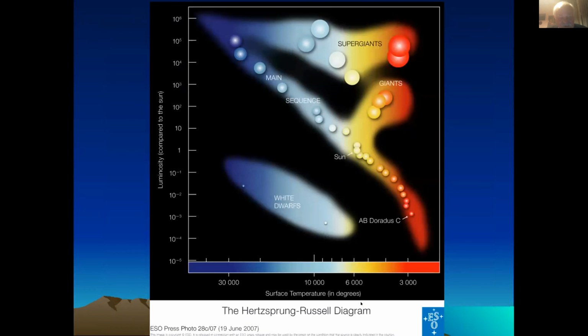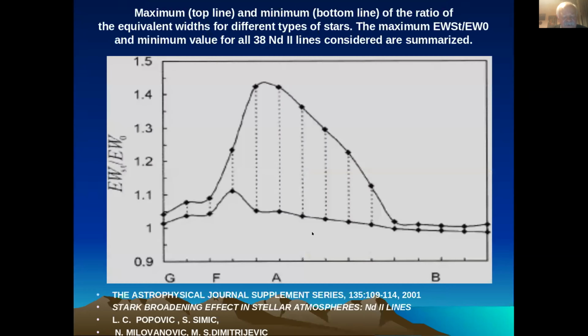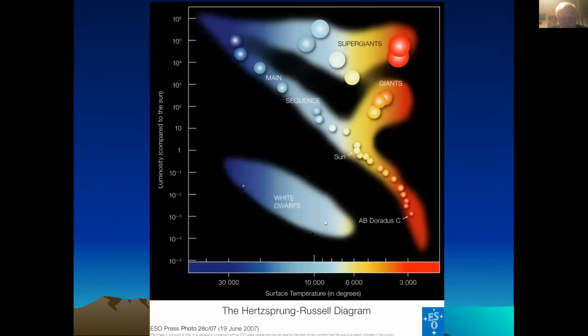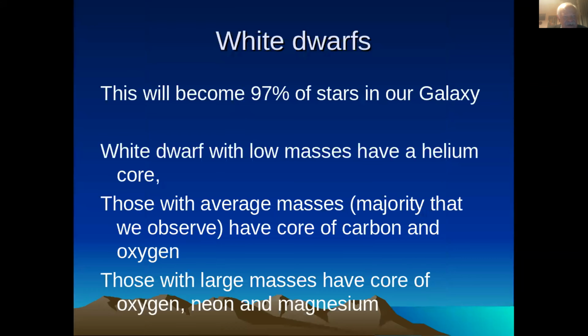So if we look at the Hertzsprung-Russell diagram, the principal users of Stark broadening data are people working with white dwarfs, because there you practically cannot perform a good analysis of spectra or abundances without Stark broadening.